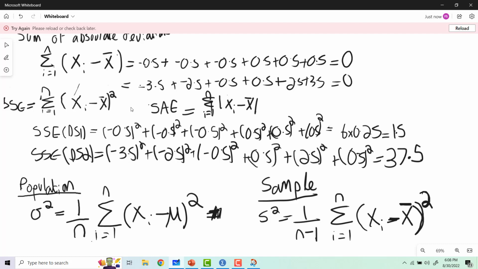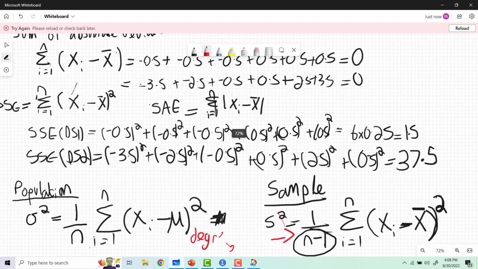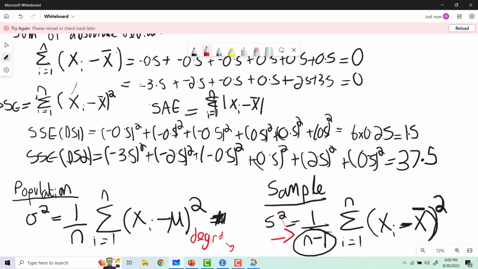Now, there is a mathematical explanation. I will actually post this online. It's a little bit beyond what we're doing in this class in terms of a mathematical class. This is basically accounting for the degrees of freedom. It will basically unbias the sample.